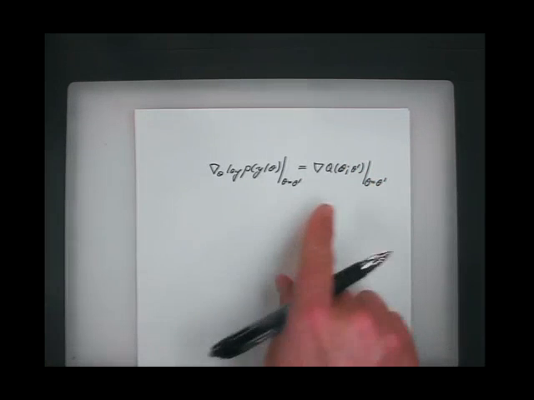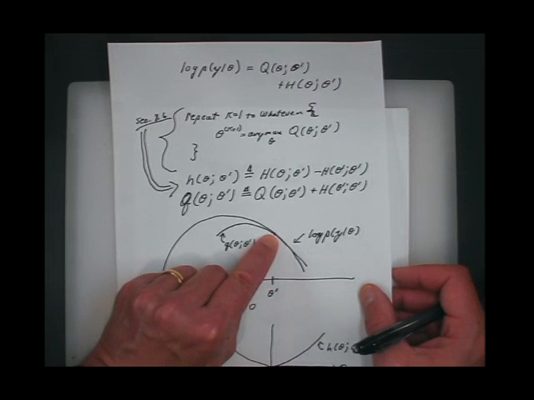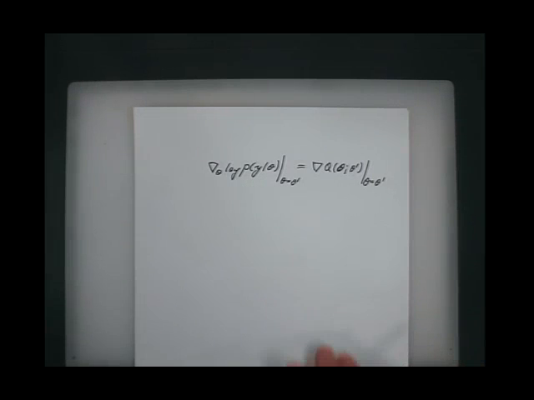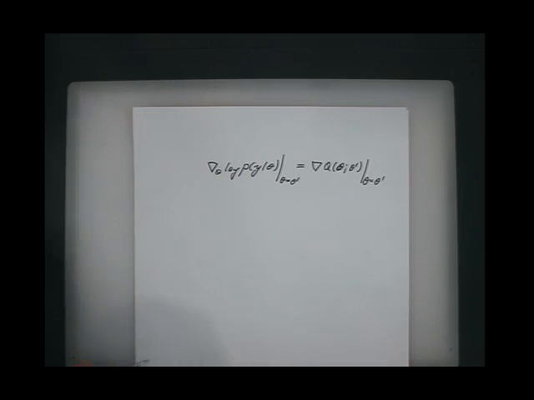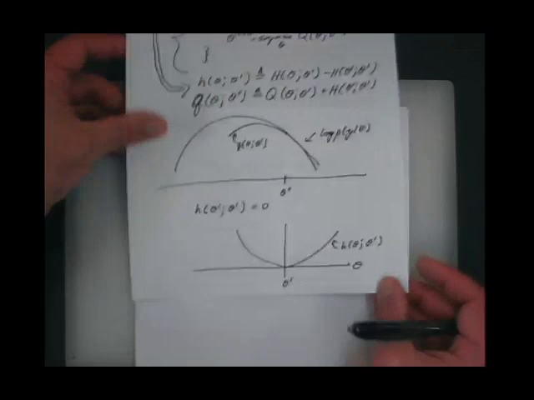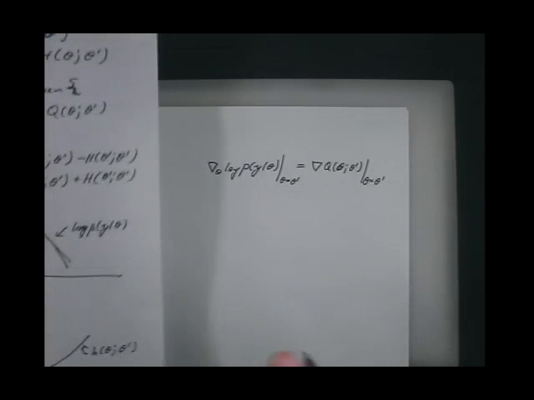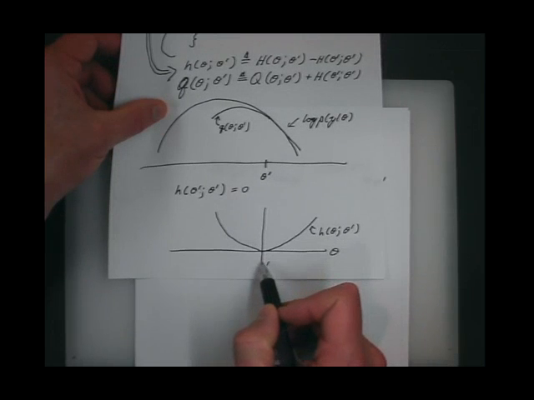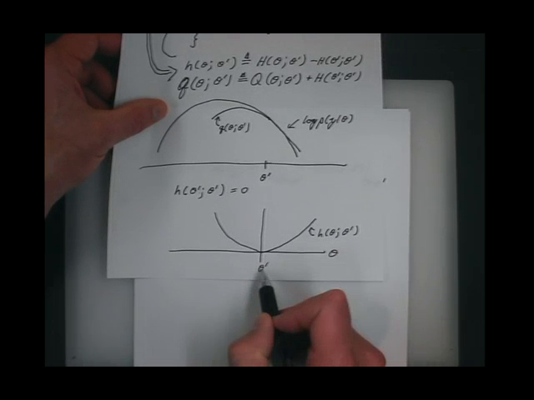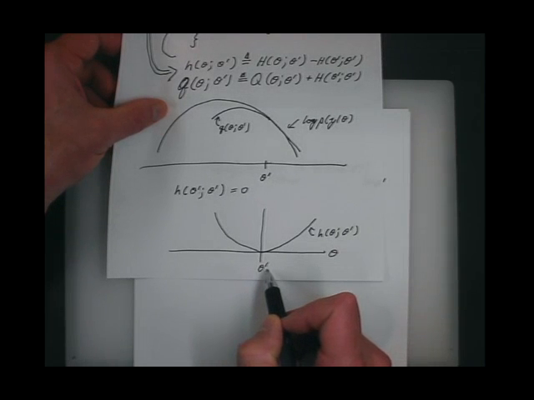That's maybe a complicated formula, but all I'm really saying there is the derivatives of the two functions have to be equal at that point. All right? What else am I saying? The other thing I said is that the minimum of this little h function occurs at theta prime.